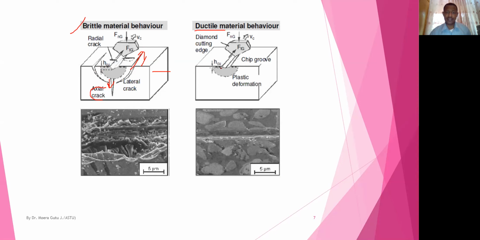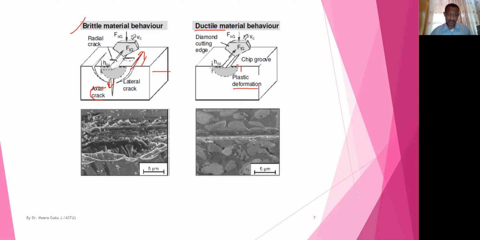In ductile materials, the depth of cut is very small, and here, as you see, there is no lateral crack as in machining brittle materials, because there is easy plastic deformation, whereas cracks can form in brittle materials. The chip grooves here are very smooth, okay, the machined surface. This is the optical microscopy image of the machined surface.